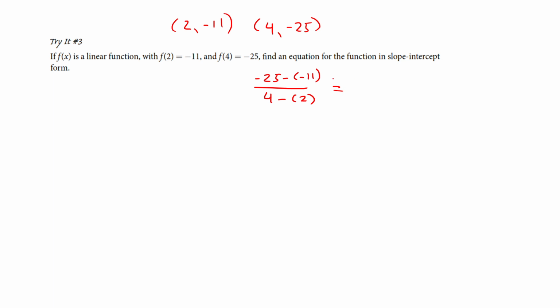So I've got the double negative here, so this is really -25 plus 11 over 4 minus 2. So I get a slope of -7. Okay, I've got a slope. What I don't have is the y-intercept. Let's use either one of these points.